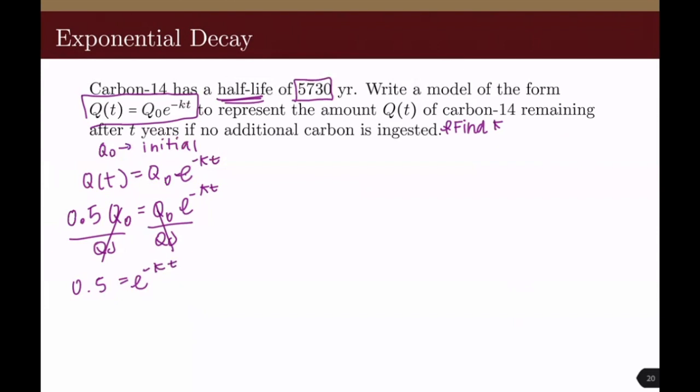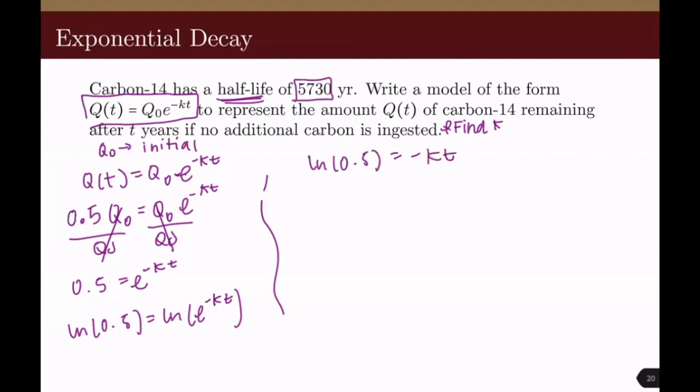Problem that we've been doing for this entire lecture. Fantastic. How do I get rid of exponents? We take a natural log, right? So I'll have ln of 0.5 is equal to ln of e to the negative kt, which then means that ln of 0.5 is equal to negative kt.